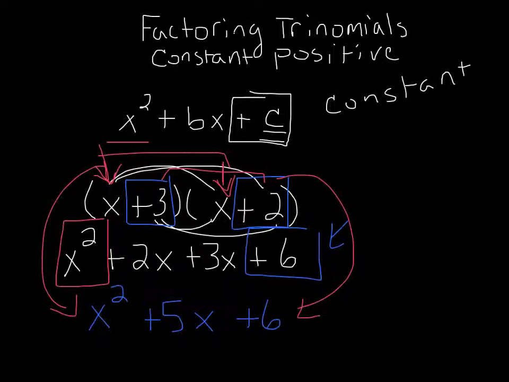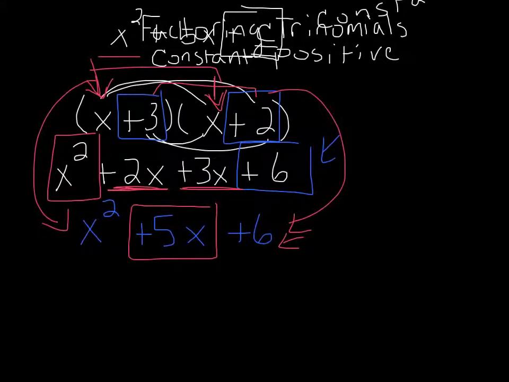Now here's the trick: you have to find how the numbers that multiply to be the last term add up. Notice how we got 2x plus 3x. If you add those two together, it's 5x, right? Let me move this up a little bit. There we go. It got a little messy, but that's okay.